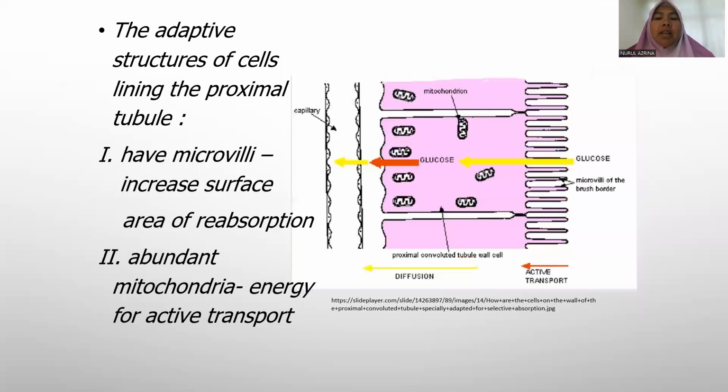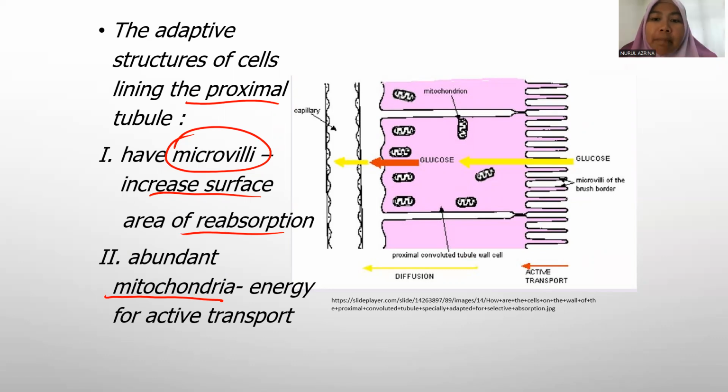So what are the adaptive structures that we can see at the proximal tubule? It has microvilli. The proximal tubule is lined with microvilli that increase the surface area for reabsorption, and it has an abundance of mitochondria that produce ATP to provide energy for the active transport of solutes like sodium ion and nutrients.